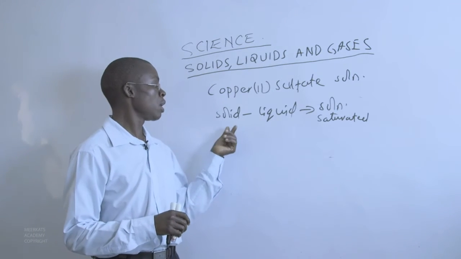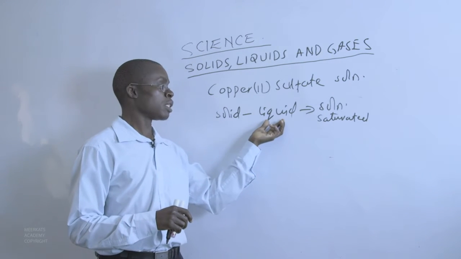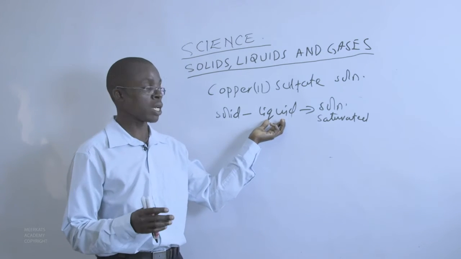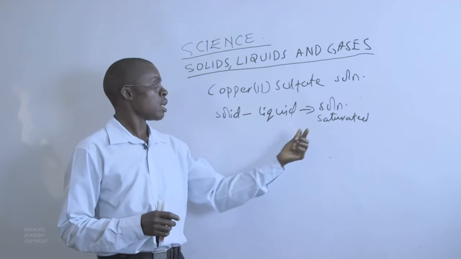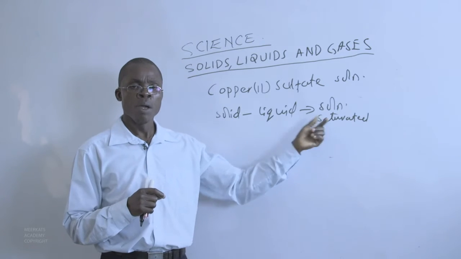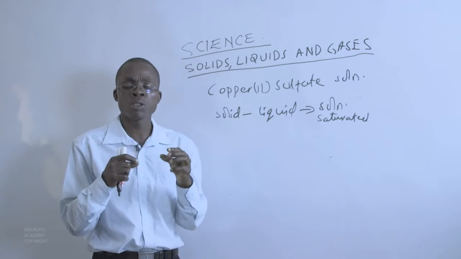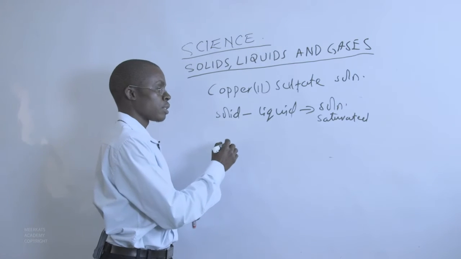We still have our solid copper 2 sulfate crystals being put in a liquid, which is our solvent, water, to give us our solution. And this solution is a saturated solution. But now we are exposing it to a different condition, and the condition here is heat.